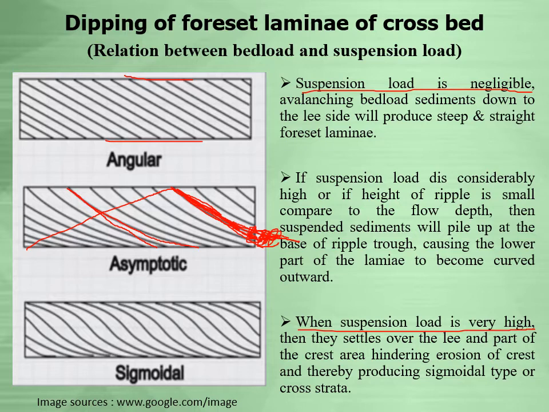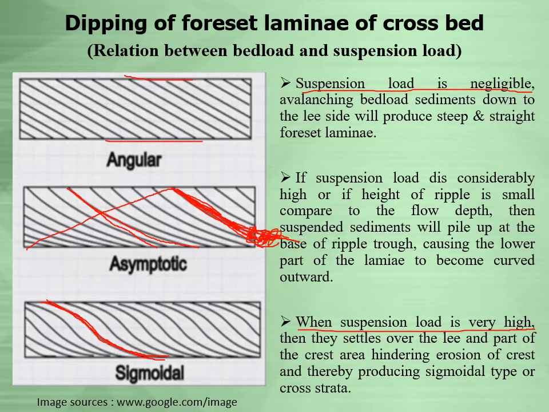So my entire topset portion is preserved, and that results in preservation of the topset, foreset as well as the bottomset, and ultimately they will result in a sinus or sigmoidal pattern of crossbedding. So this is known as sigmoidal crossbedding.